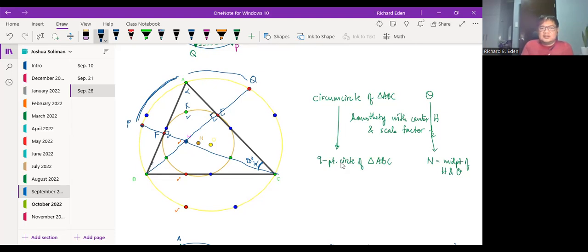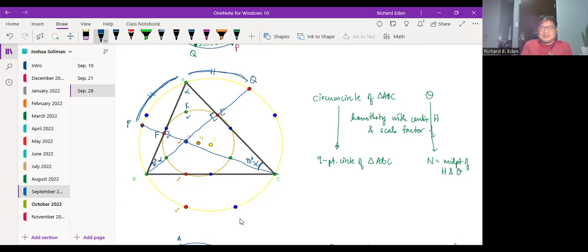So this is also 90 degrees minus alpha. And then, so if you look at the circle, these arcs are congruent because they're subtended by congruent angles, 90 degrees minus alpha. So yun lang. Okay. Elementary. PA and AQ are congruent arcs.